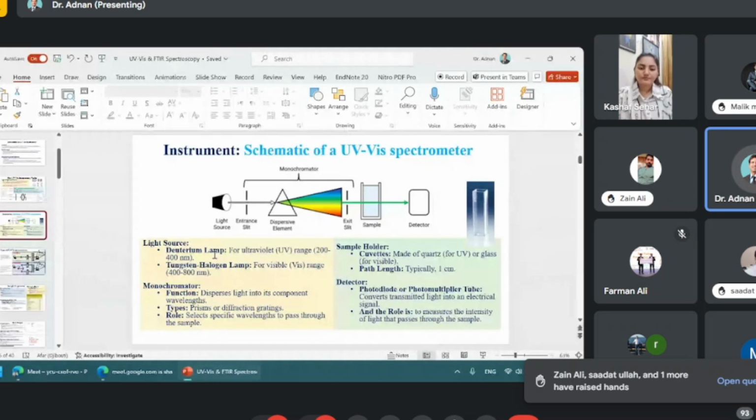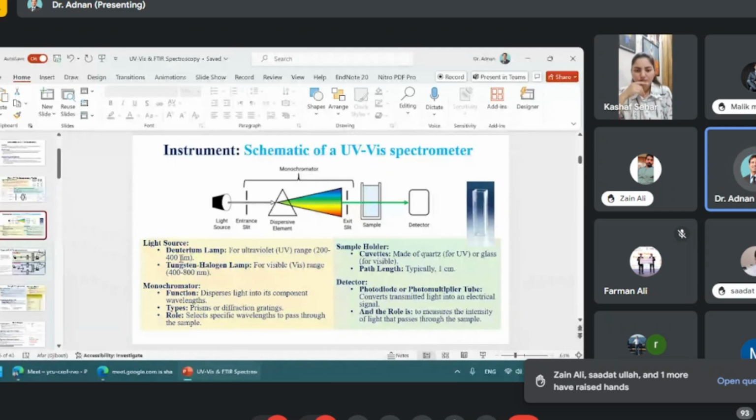There will be no lambda max for those specific compounds. There are also other lamps that can determine from 90 nanometer to 400 nanometer, but most commonly, the instruments in the market have a range from 200 to 400.